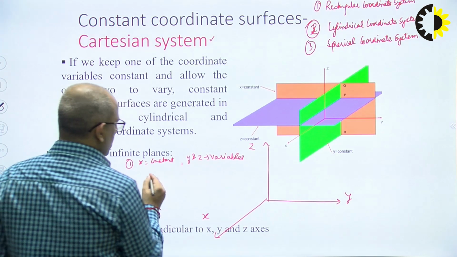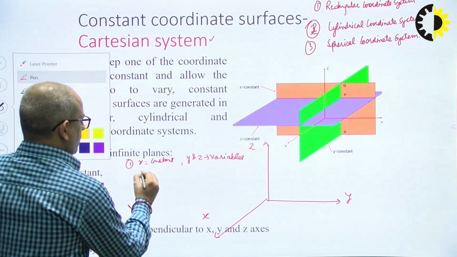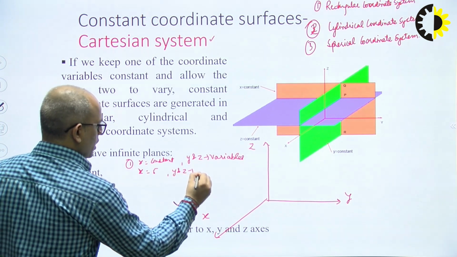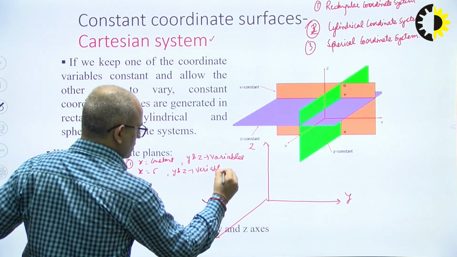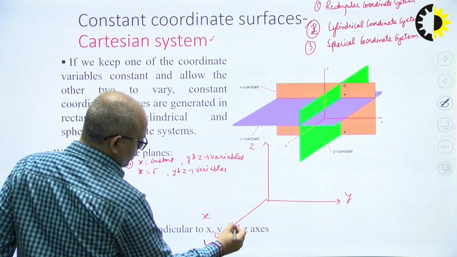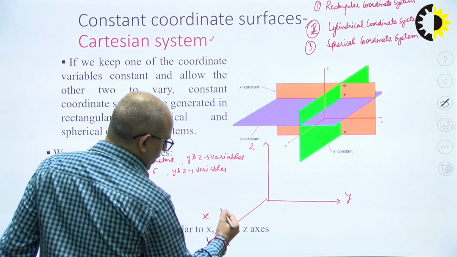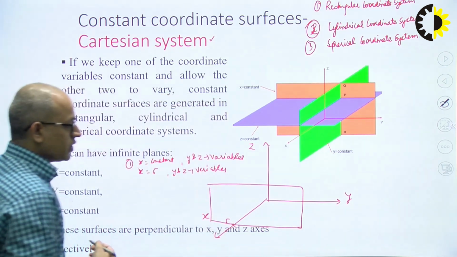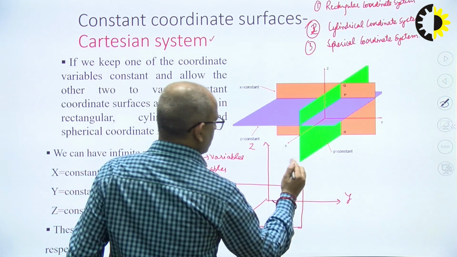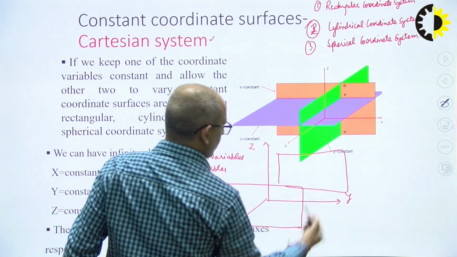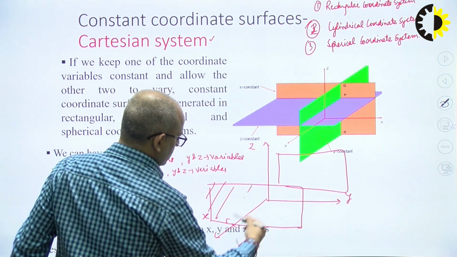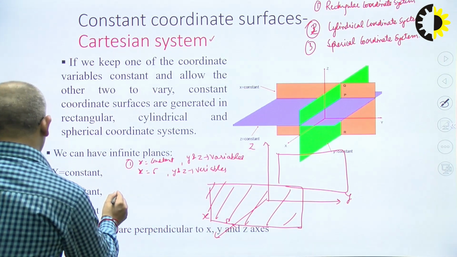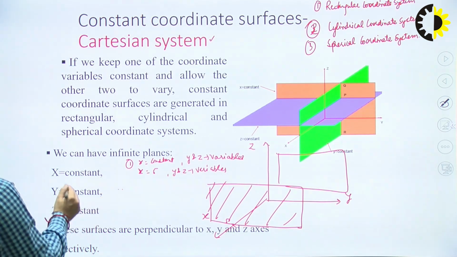If x is constant, meaning this x value is constant and y and z are variables, what will you get? Let's say x equal to 5 and y and z are the variables. At x equal to 5, there will be a surface in the yz plane.